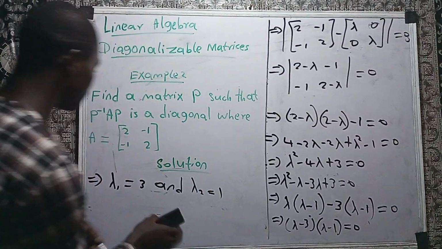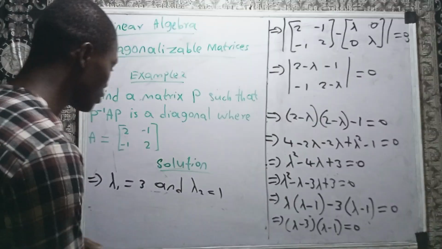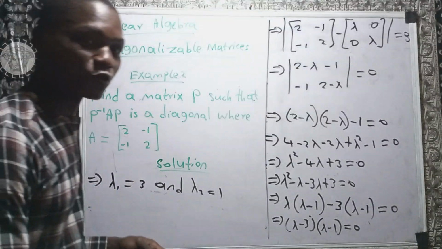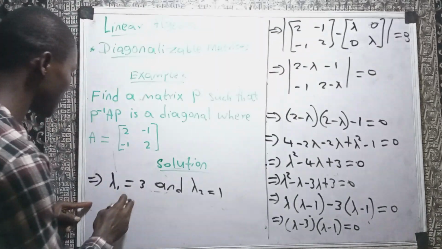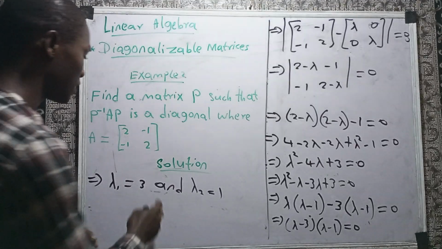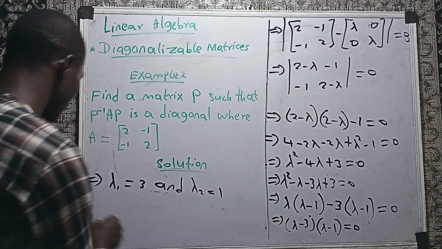So let's proceed. So what you are going to do is you are going to get the eigenvectors corresponding to each of the lambda. Let's get the eigenvector corresponding to lambda 1 equals 3.